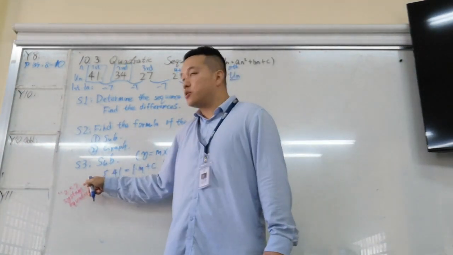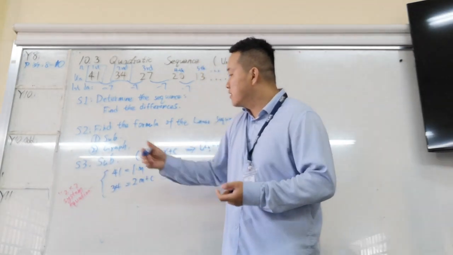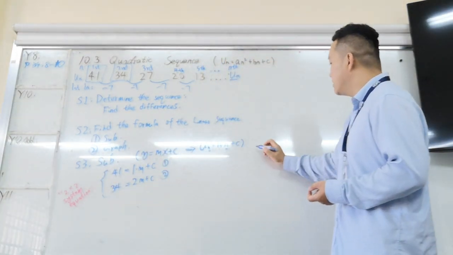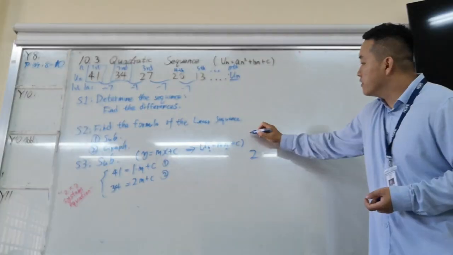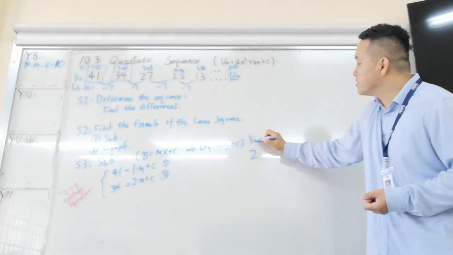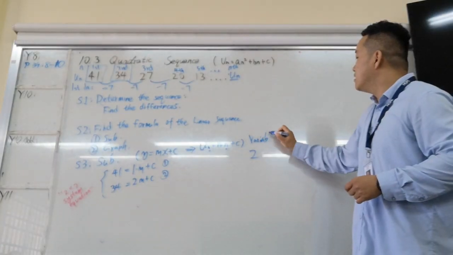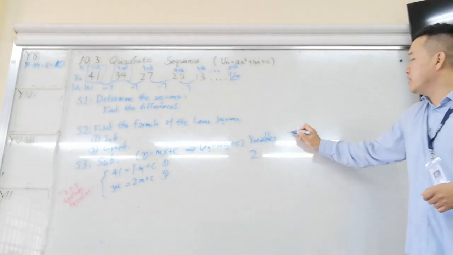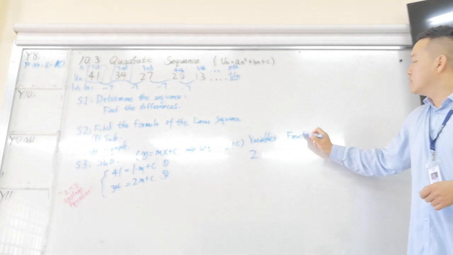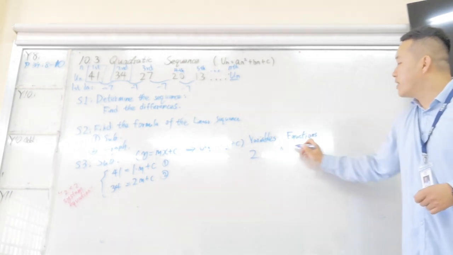So 2 by 2, okay, let me just write it here. This is two variables, variables and equations. 2 by 2.